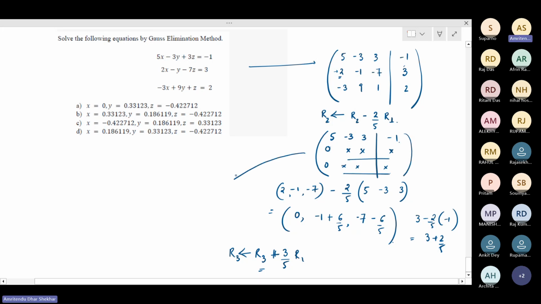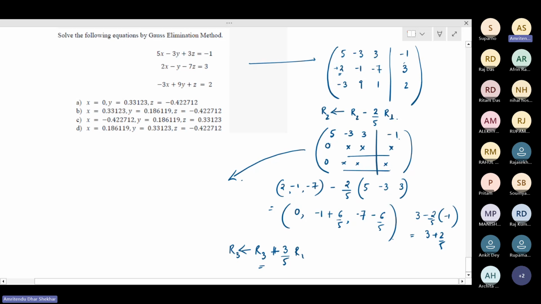Now, once you have the system in this particular form, you repeat the same process for the smaller submatrix.